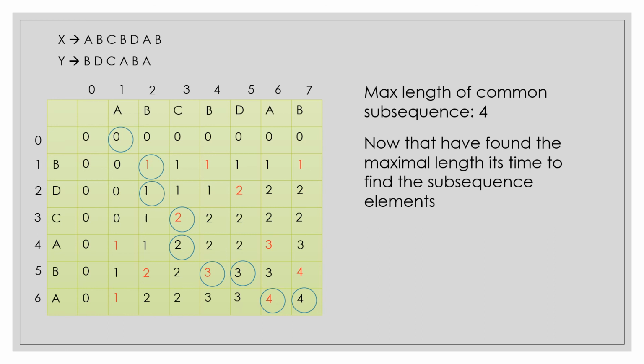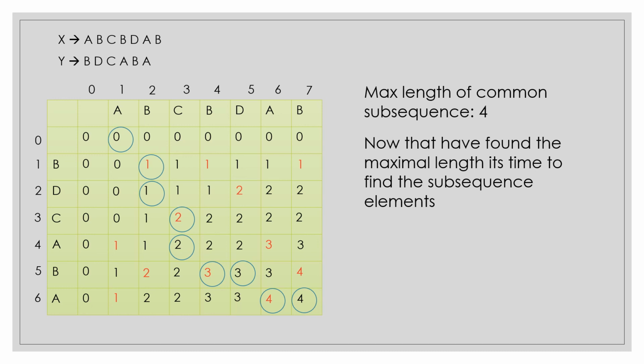So now that we have completed and specified the steps which we have to follow in order to extract the elements for the subsequence, we will follow some rules and extract them. We will encircle that cell from which we took the diagonal step upward and append the element corresponding to that cell in the subsequence list.